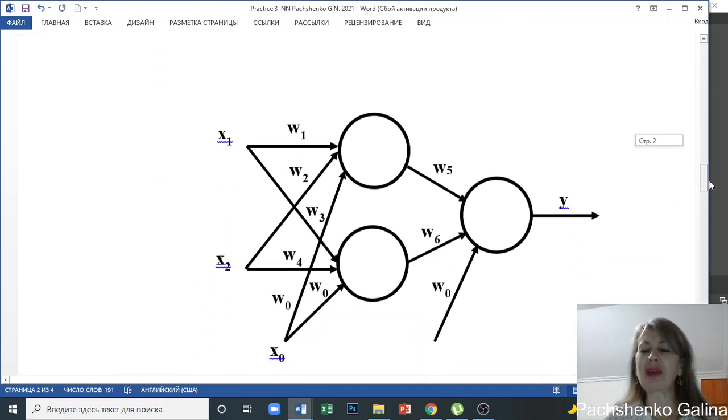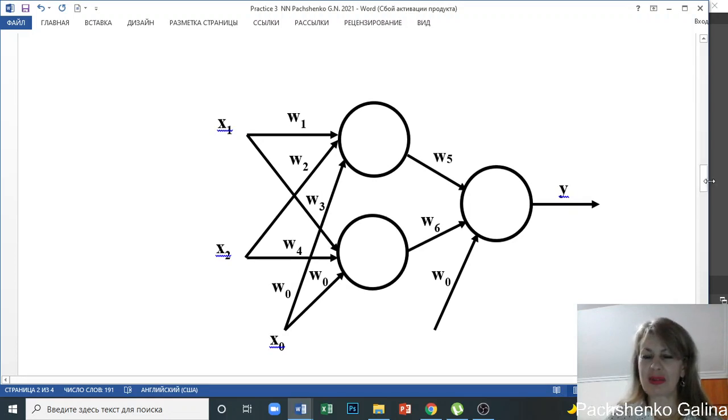The second part of our practice is to do the same. Find the output y, but now please add biases to each neuron.